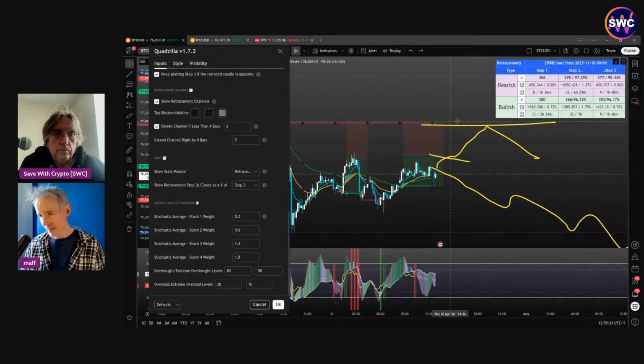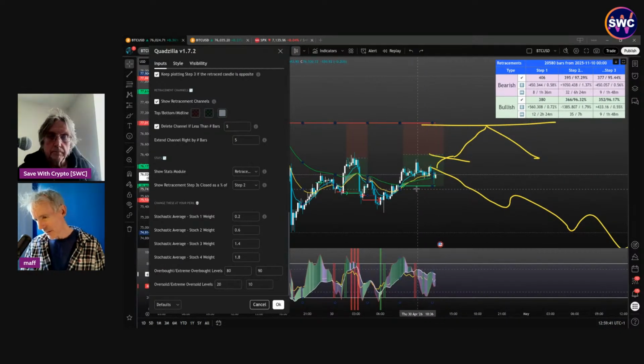So this is where you can see them as price magnets, that there's liquidity here waiting, trying to pull the price in that direction. There's probably hidden liquidity there as well, waiting to pull the price in that direction.